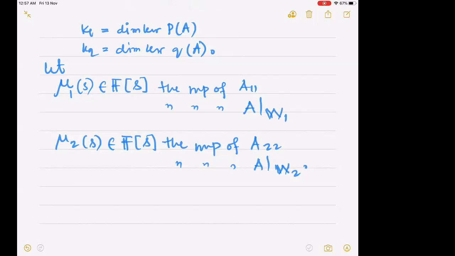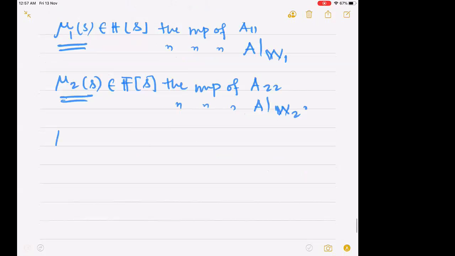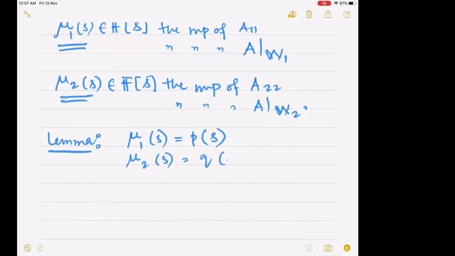Now what can we say about these minimal polynomials mu1(s) and mu2(s)? This is the claim, this is the lemma; we'll see a proof very soon. The lemma says that mu1(s) is nothing but the factor p(s) of the minimal polynomial of the whole space, and similarly mu2(s) is nothing but the polynomial q(s).